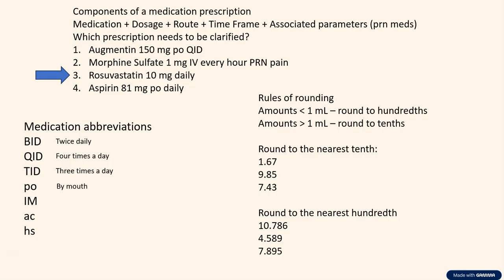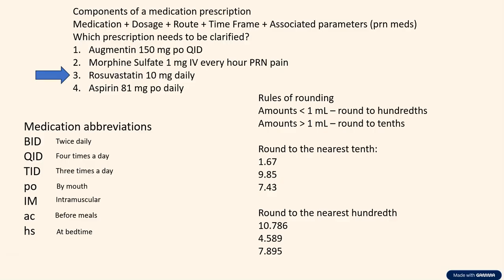PO stands for by mouth. IM stands for intramuscular. AC stands for before meals. So for example, insulin is ordered for AC and HS. So you would expect to administer insulin before meals and then HS is at bedtime. Those are very common medication abbreviations that you should be familiar with.